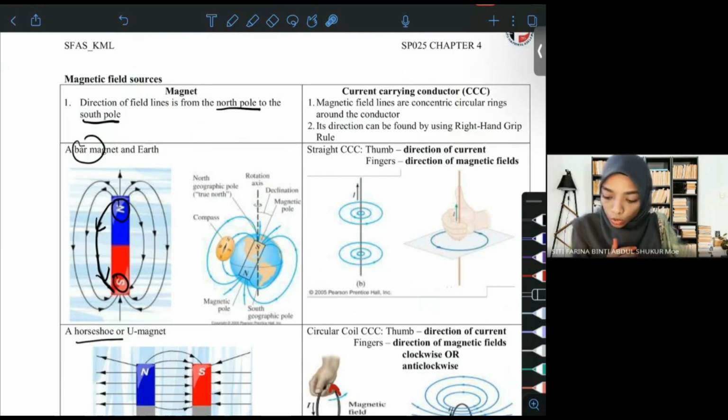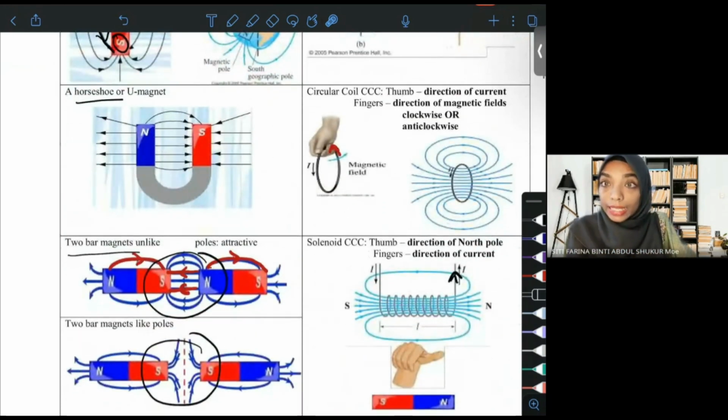Untuk solenoid dia terbalik. Fingers kamu ini akan represent the direction of current, whereas your thumb ini akan represent the direction of North Pole, di mana lepas kita dapatkan North Pole itu, kita boleh tentukan direction of magnetic field itu. Sekejap lagi kita akan tengok.